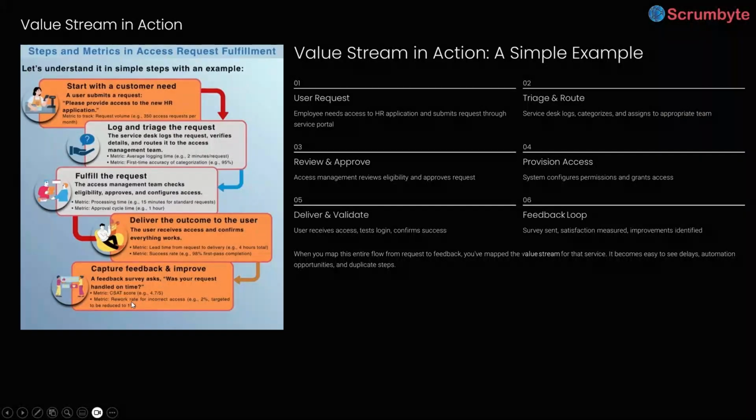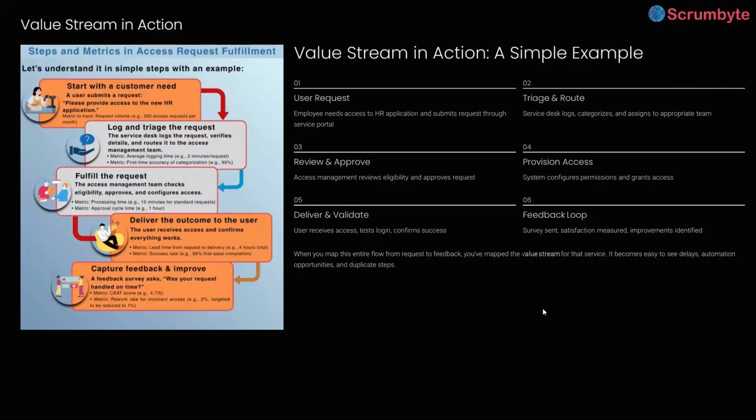So here the rework rate for incorrect access is 2% and is targeted to be reduced to 1%. That means initially 2% of the requests are incorrect, and for whatever reason the access was not provided properly, and that now needs to be reduced to 1%. So these are the things you are going to see in a simple example. This is what you need to capture.